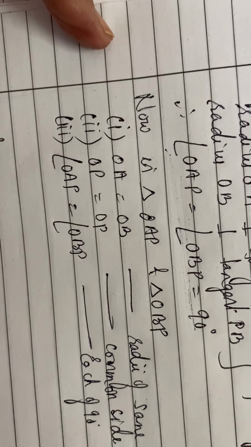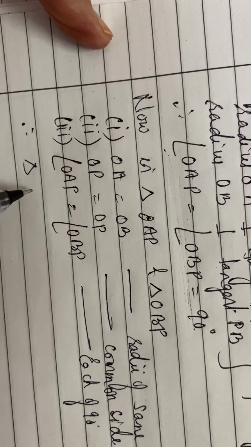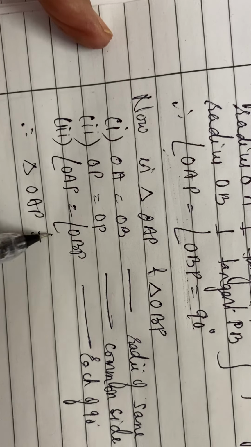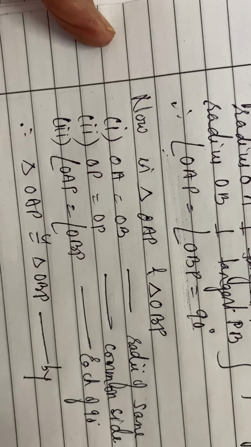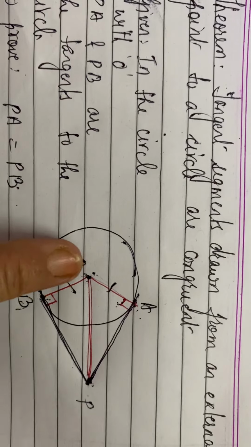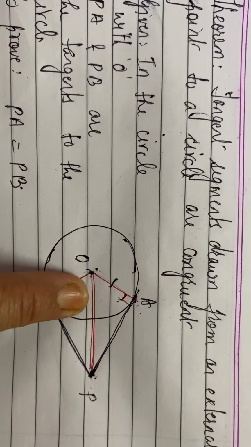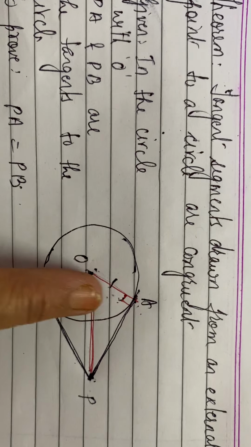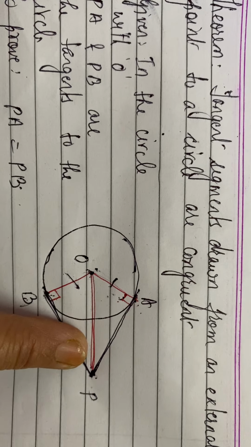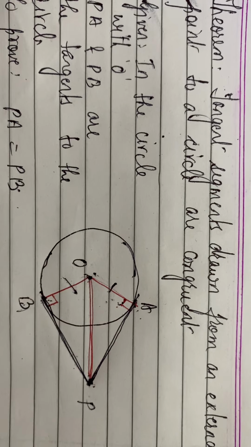Now we have the three conditions. Therefore, triangle OAP is congruent to triangle OBP, by which test? This is, see, common side S, another S, and the right angle. Now for this right angle, OP is the hypotenuse, so it is not SSA test.